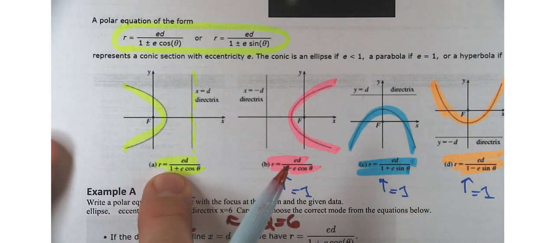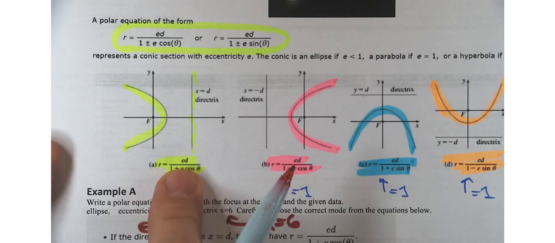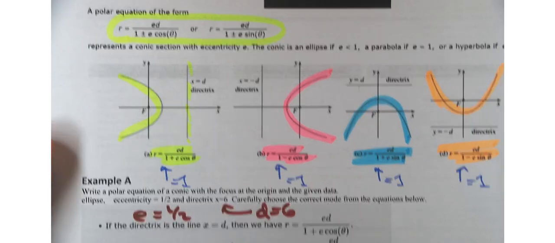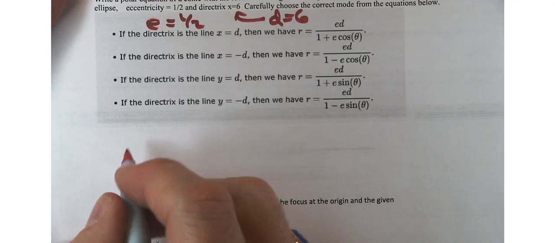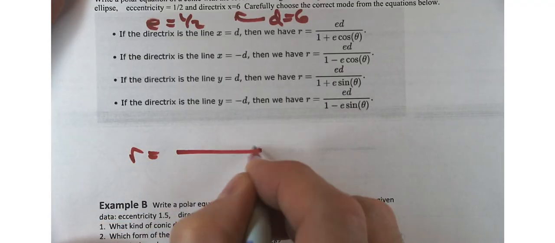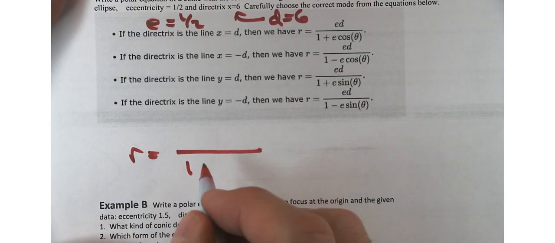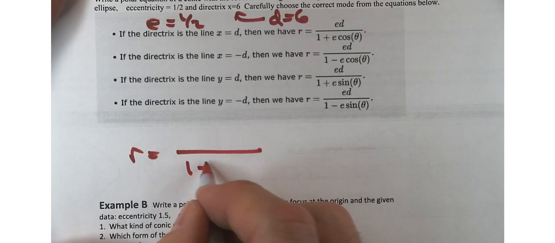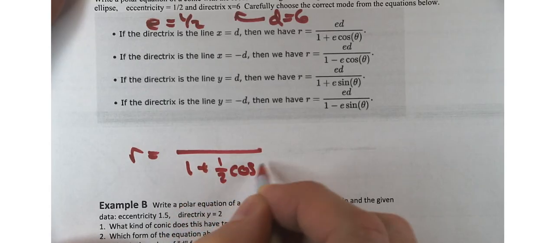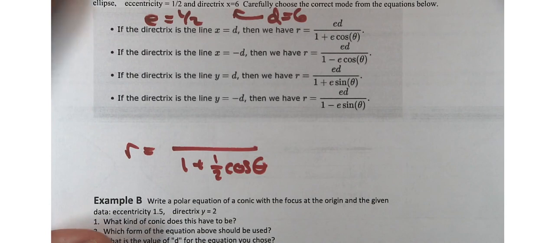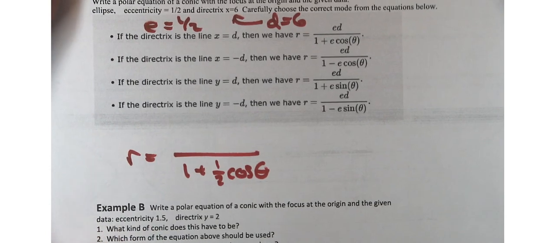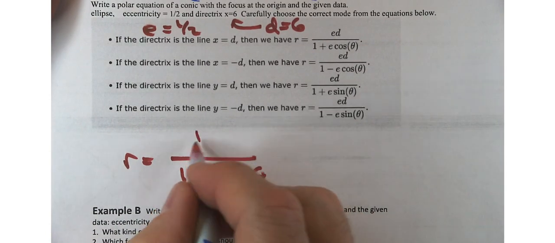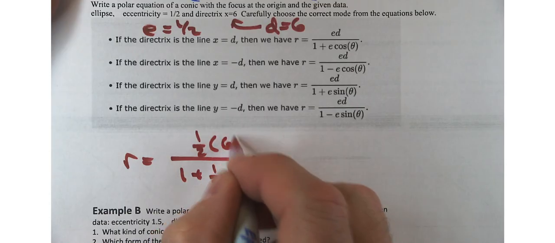R equals E times D over 1 plus E times cosine of theta. So let's do that. R equals, 1 plus 1/2 cosine of theta. And in the numerator, I have E times D, so it's going to be 1/2 times 6.